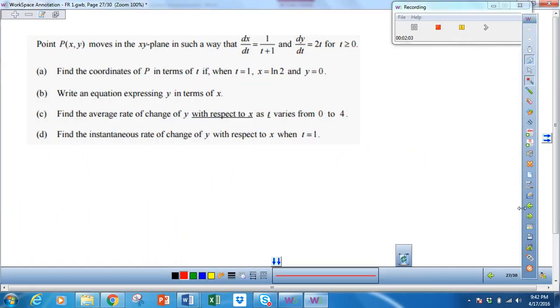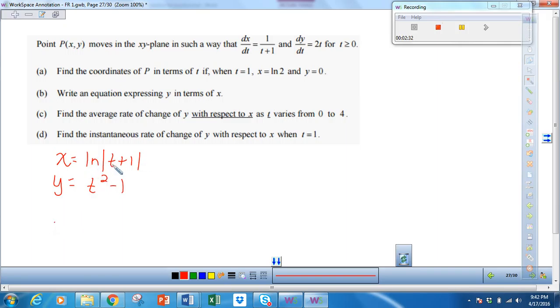Okay, so they want an equation that expresses y in terms of t. So basically what they're asking you to do is to eliminate the parameter. So we know from the previous problem that x is equal to the natural log of t plus 1 and y is equal to t squared minus 1. So I want to eliminate the parameter here.